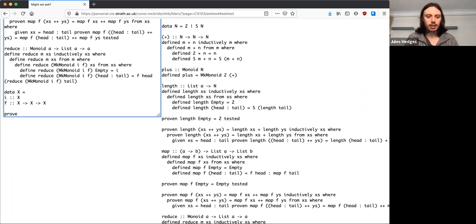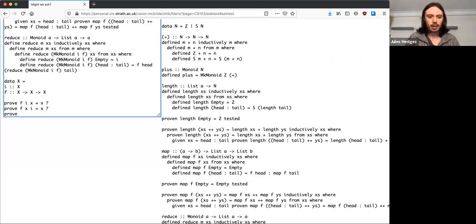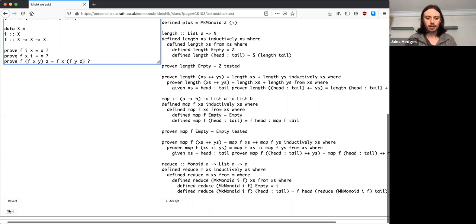So I'm going to say the neutral element for the left input, neutral element for the right input, and the rebracketing property. I'm going to leave these all unproven.